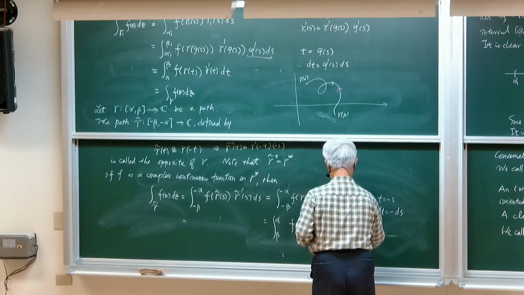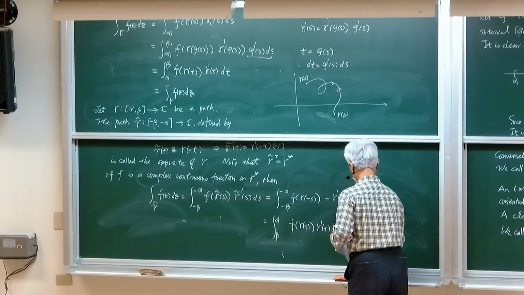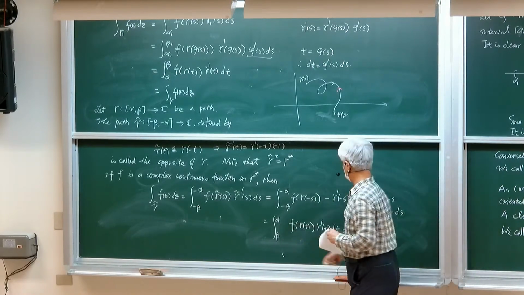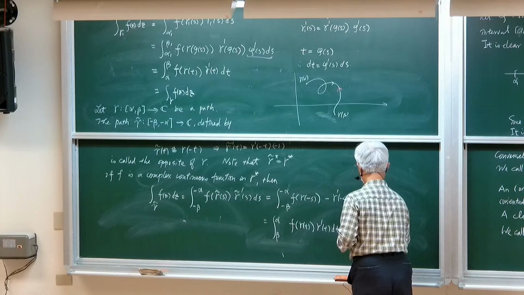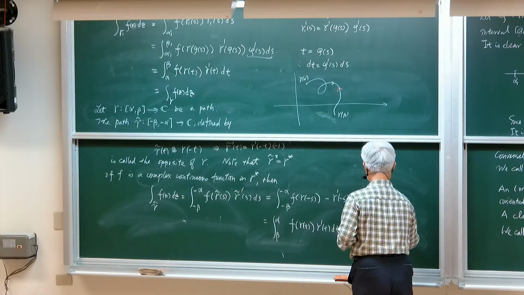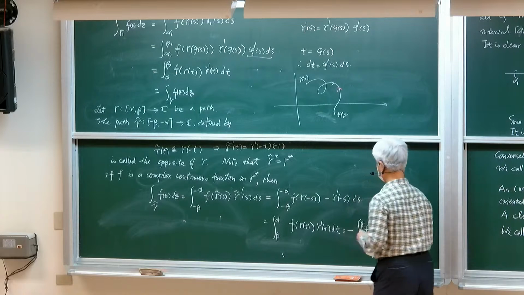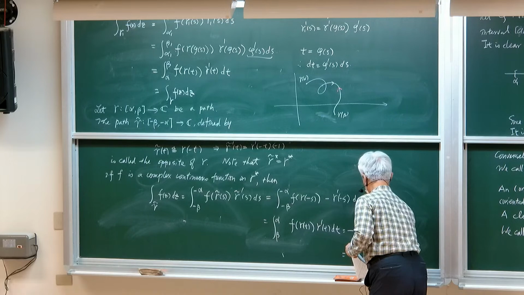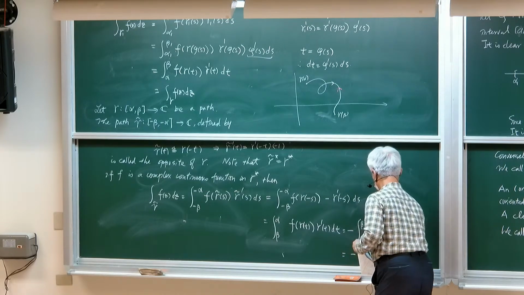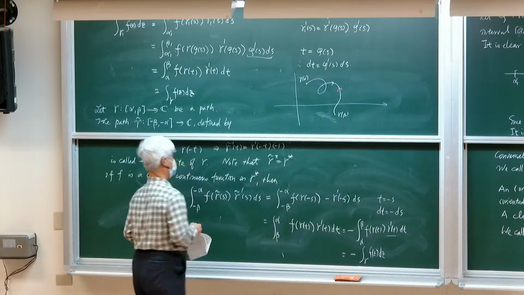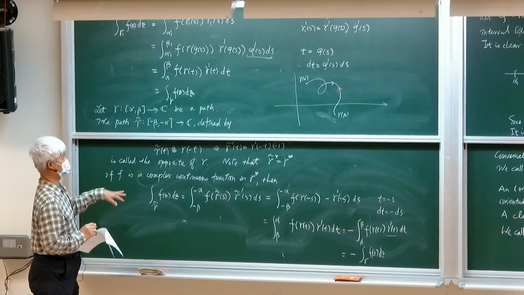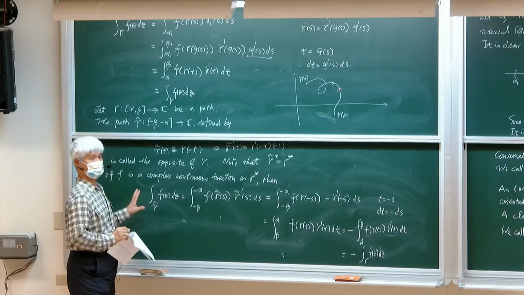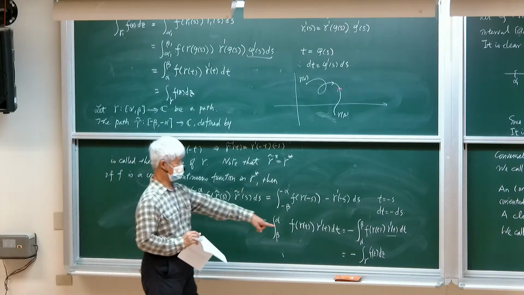If we change the direction of the integration, this is f of gamma t, gamma prime t, dt. So finally, this is minus the integral over gamma of f of z dz. So if we change the orientation, we find that the integral of f changes sign.